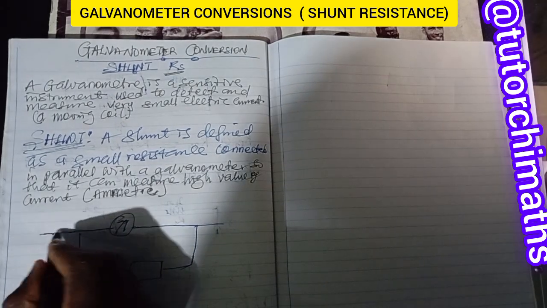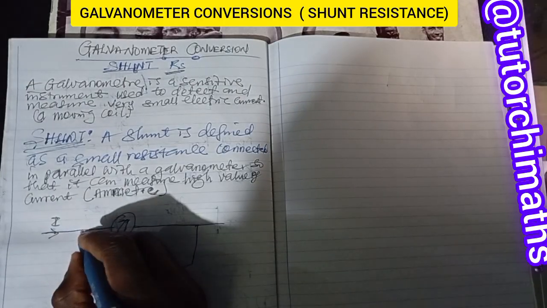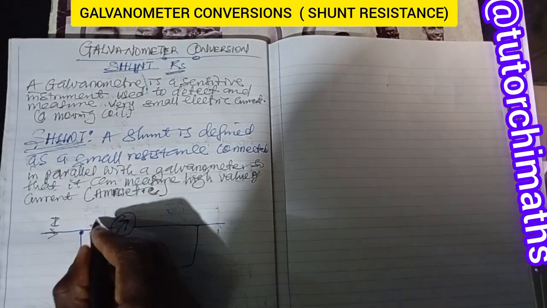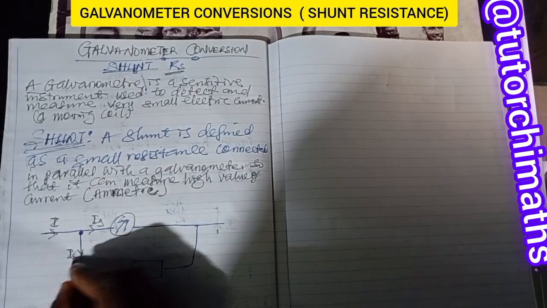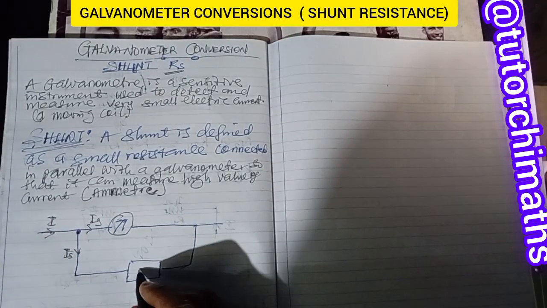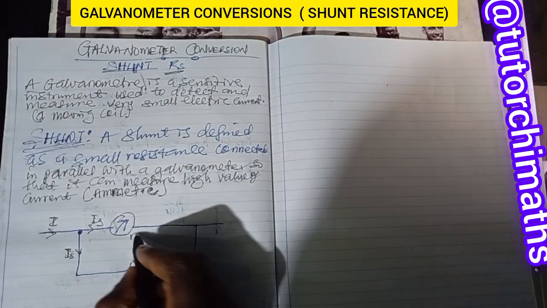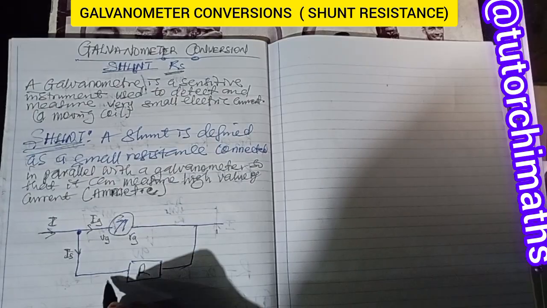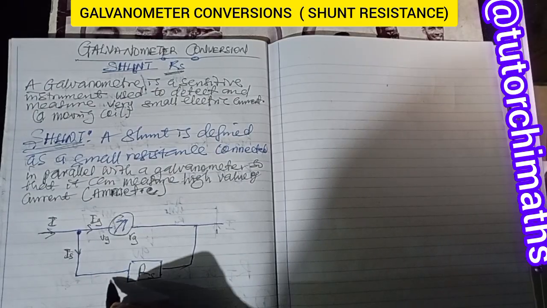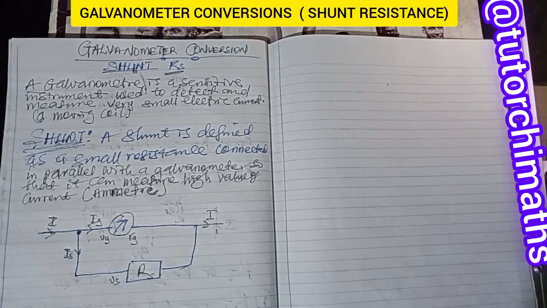Then we have here to be I. Then here is IG. Then here is IS. Okay. Then this is our R. Now if this is R, we also have here ROG. Good. Then entirely we still have VG here. Then this is RS, we still have VX here. Then this is still our current.